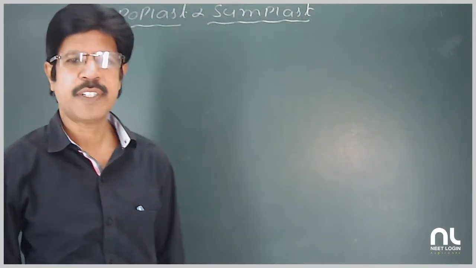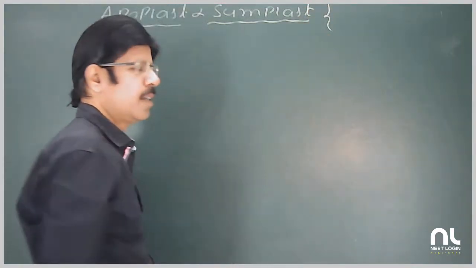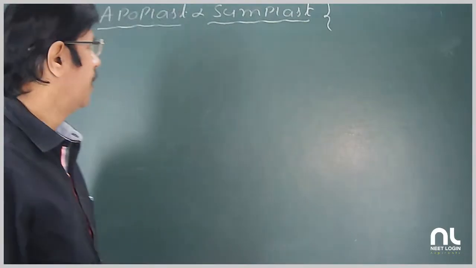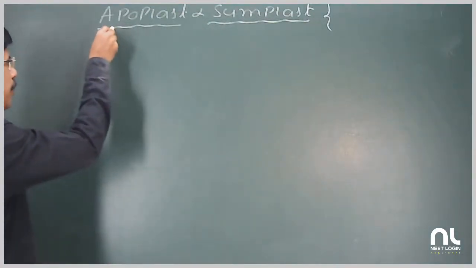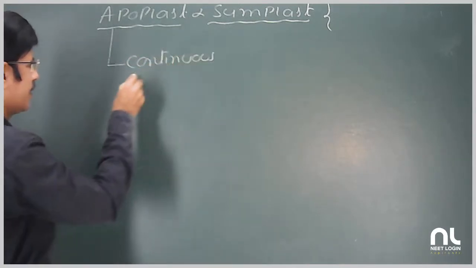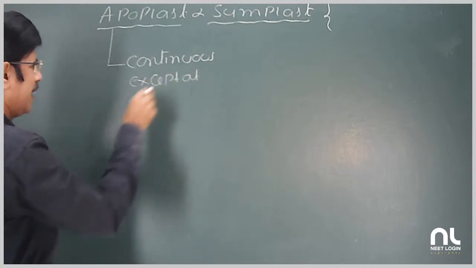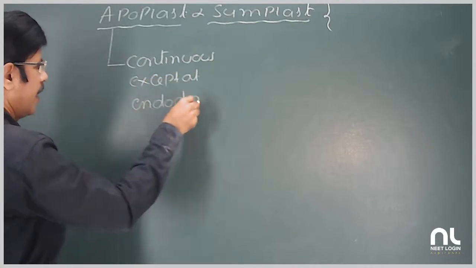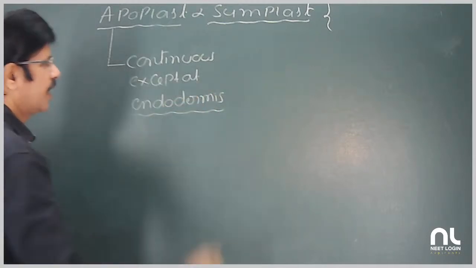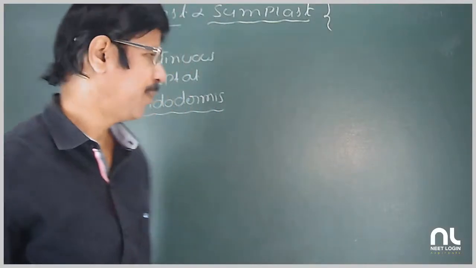Water flows by apoplast as well as symplast. Apoplast is continuous except at the endodermis.